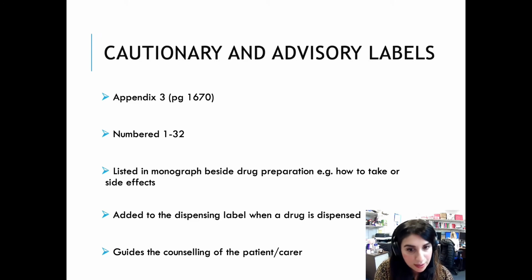Okay, but sometimes you need additional information on there, and that additional information can be found in these cautionary and advisory labels. They're added to the dispensing label when the drug is dispensed, and they're all about making sure that the patient or the carer know how to take the drug safely.